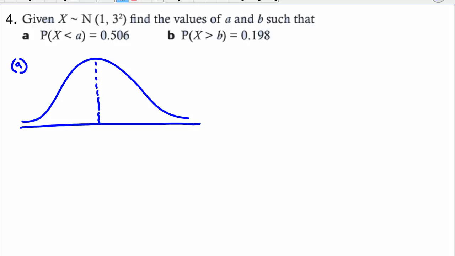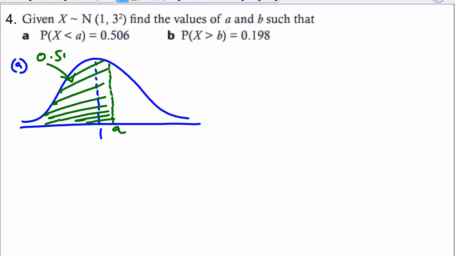So I know that my mean is 1, and this area is 0.506. That's more than a half, and it's to the left of A. So I think A is somewhere here, because the area that I'm given is slightly more than a half. The area is 0.506.